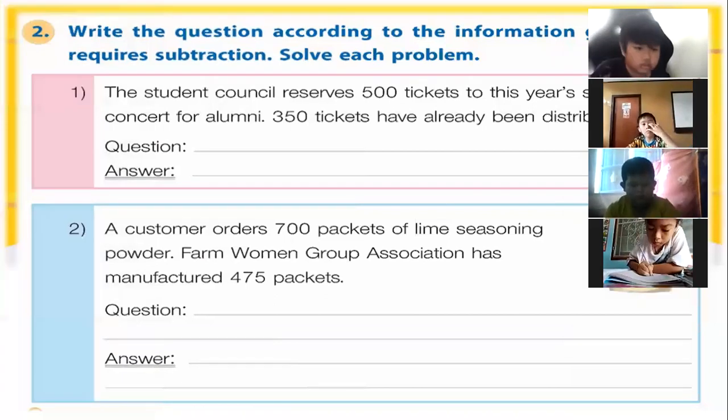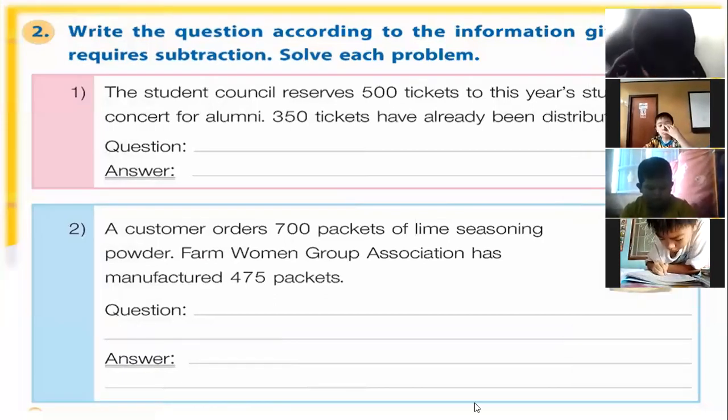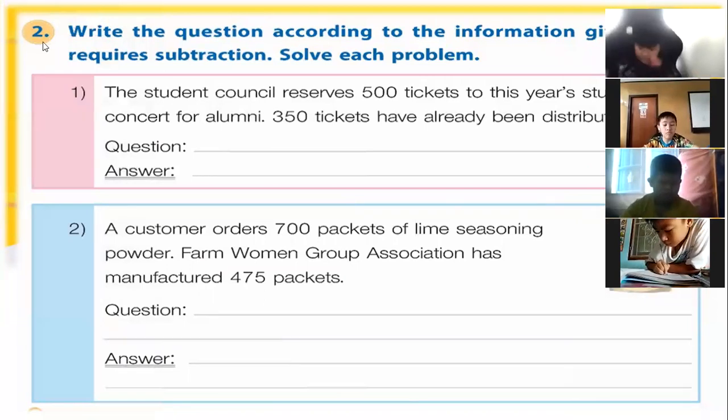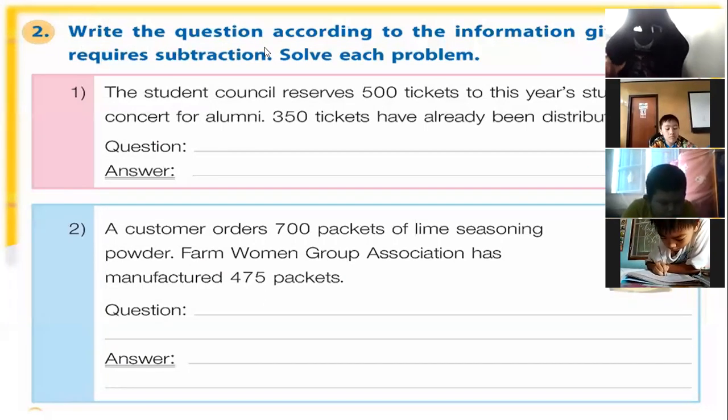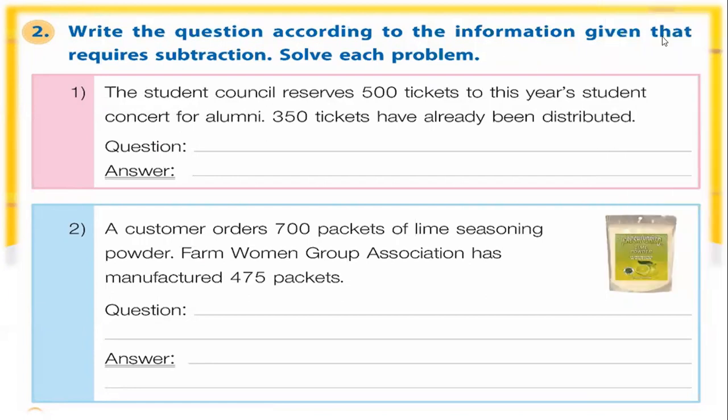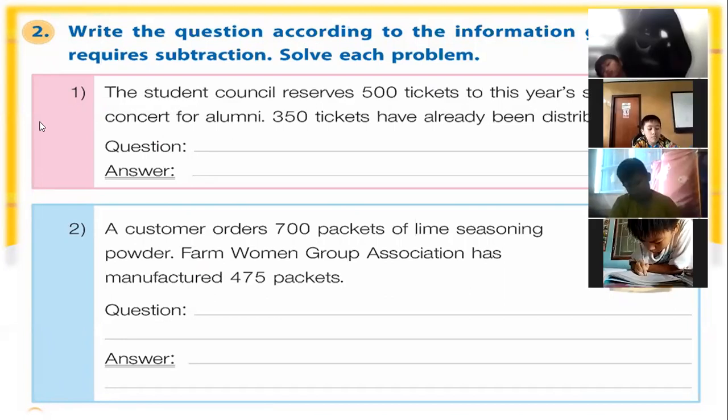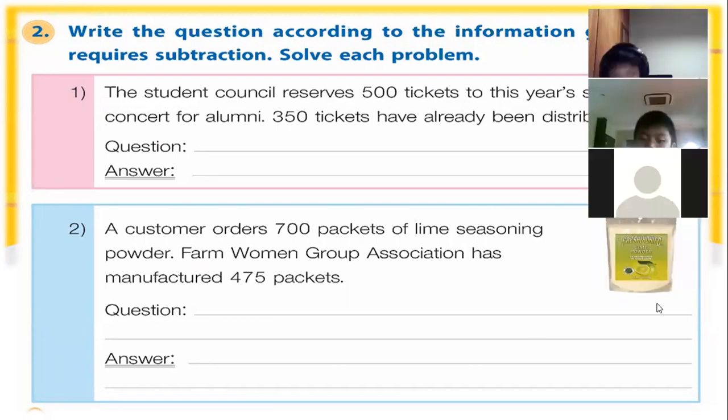Now we have more problems here. Number 2: write the question according to the information given that requires subtraction. Like the previous problem that required addition, here we require subtraction.